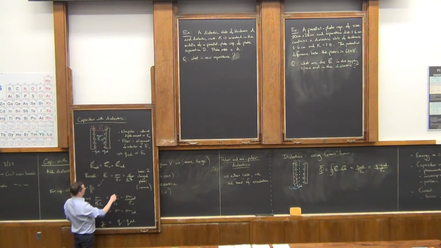On this side, I'm left with just the original electric field, sigma over epsilon 0. And here's the all-important minus sign reflecting the opposite direction of the induced electric field from the initial electric field, so minus the induced charge density over epsilon.